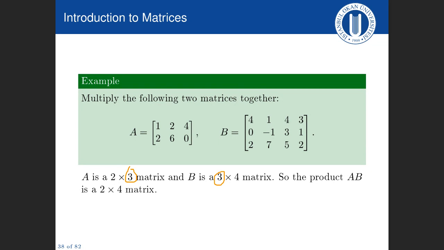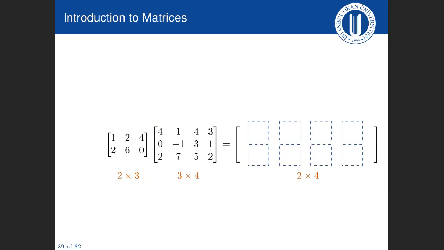The product is going to be the other numbers, a 2 by 4 matrix. Each one of these squares needs to have a number in it. We have 8 squares, so we need to do 8 calculations.